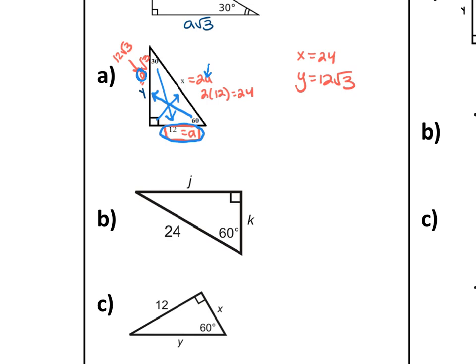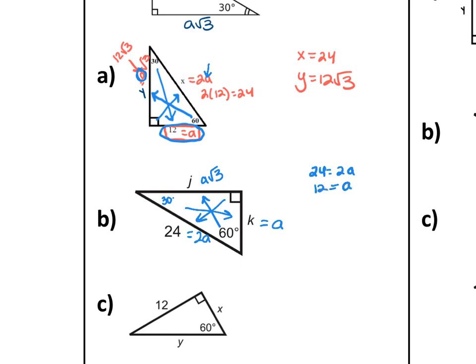Now look at B. This would be the 30, which means this is A. This is A root 3. This is 2A. So which side did I give you? 24. So 24 equals 2A. That means A is 12.